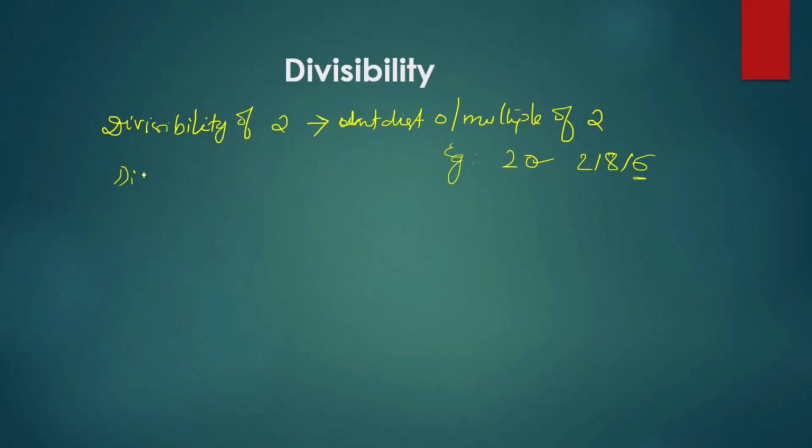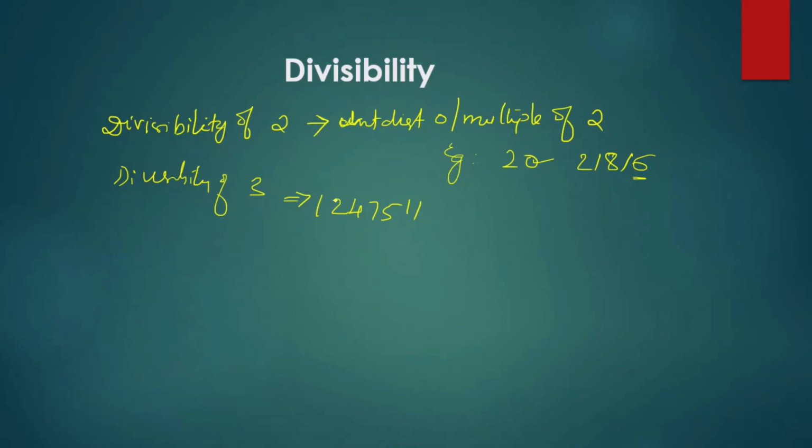Then the divisibility of 3. How will we check whether a number is divisible by 3? For example, take the number 124751.